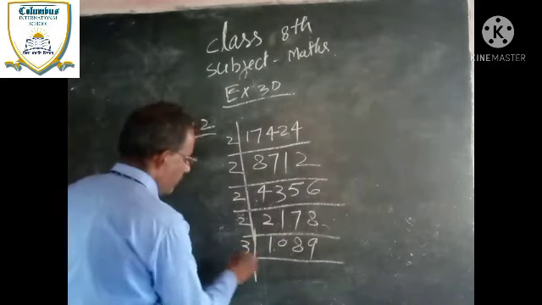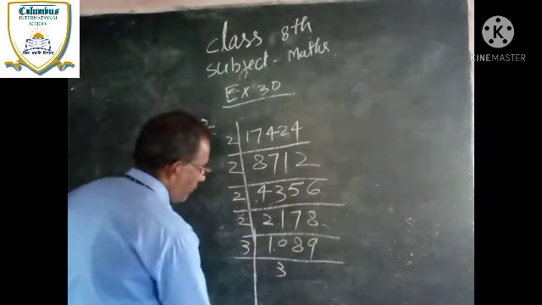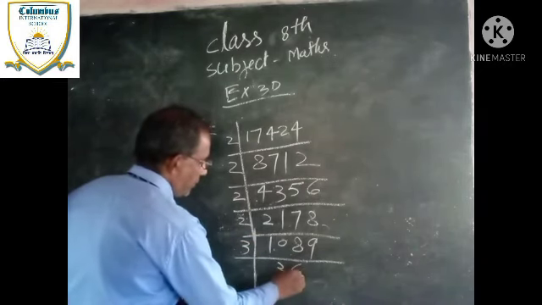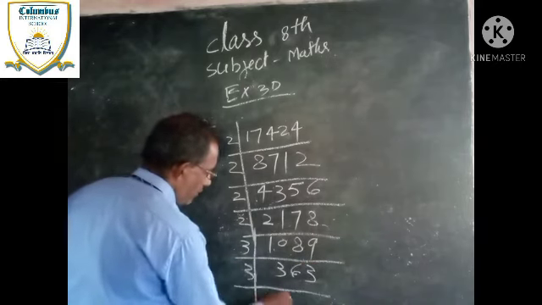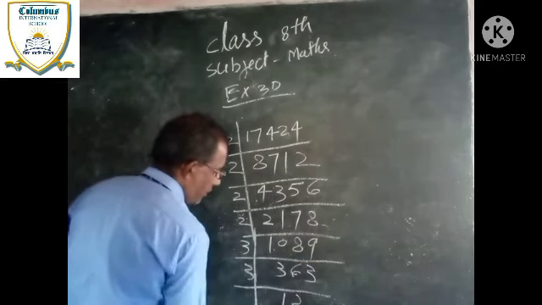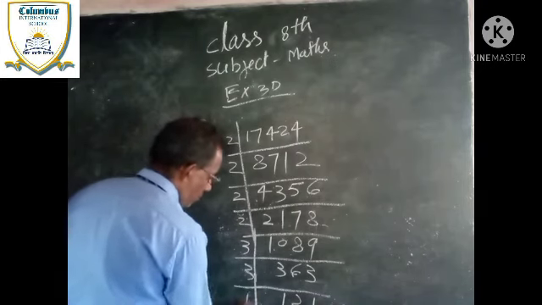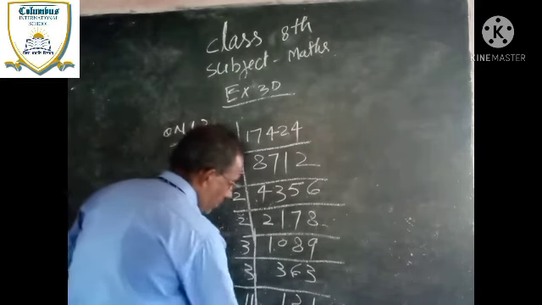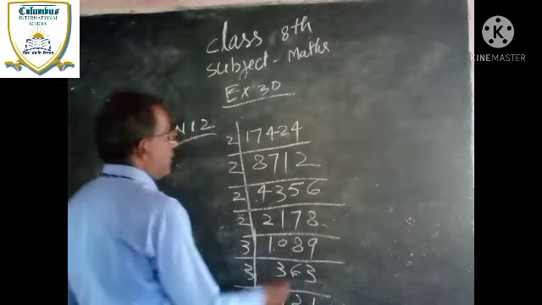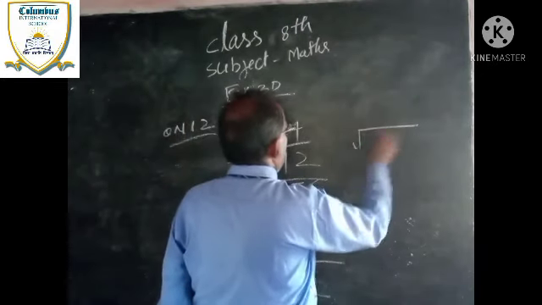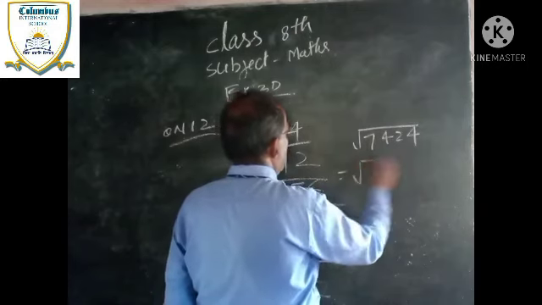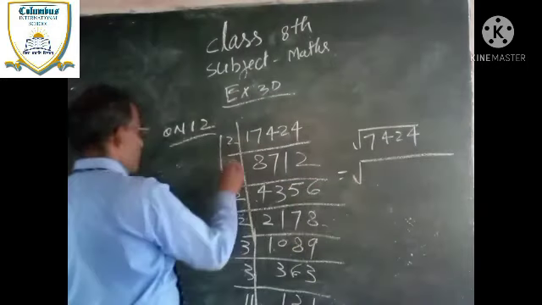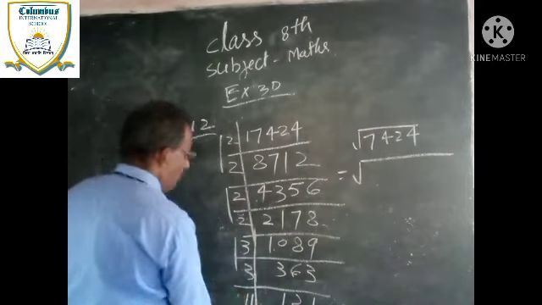That is divisible by 3. 3 threes are 9, 3 sixes are 18, 3 threes are 9, and by 3, 3 ones are 3, 3 twos are 6, 3 ones are 3, by 11, 11, and by 11, 1. That is, 17,424 can be written like 2 square, 2 square, 3 square, 11 square.